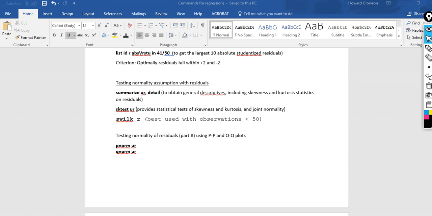A good starting point is to generate skewness and kurtosis statistics of the residuals. Using this command, I'm using summarize and then detail, and then the name of my variable in the data set, which is for unstandardized residuals.